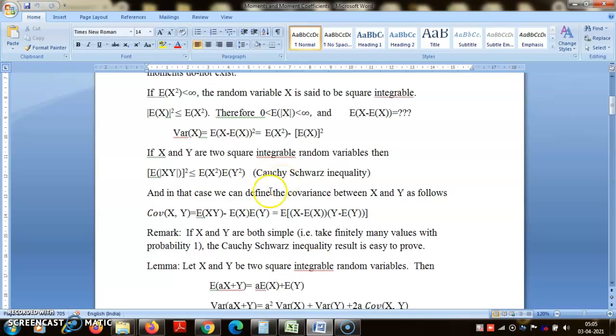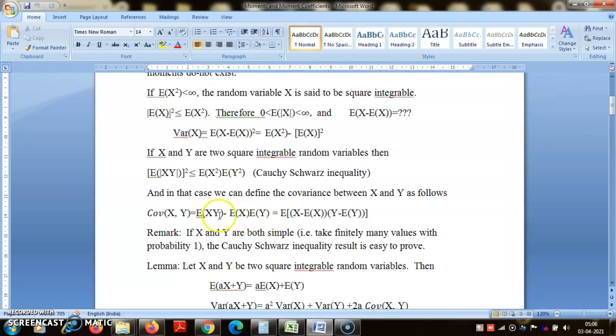Now what happens is that this condition tells you that if X and Y are two square integrable random variables, that is E(X^2) and E(Y^2) are finite, then of course X into Y also has got finite mean, and so we can define covariance of X and Y as expectation of XY minus expectation of X times expectation of Y.